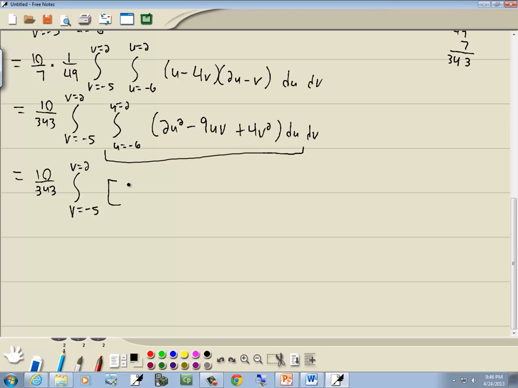And this becomes, we add 1 to our power, divide by our new power, so that gives us 2/3 u to the third minus 9/2 u squared v plus 4uv squared. And then this is from u equal to negative 6 to u equal to 2, dv. These numbers may not come out too nice, since I made these up.